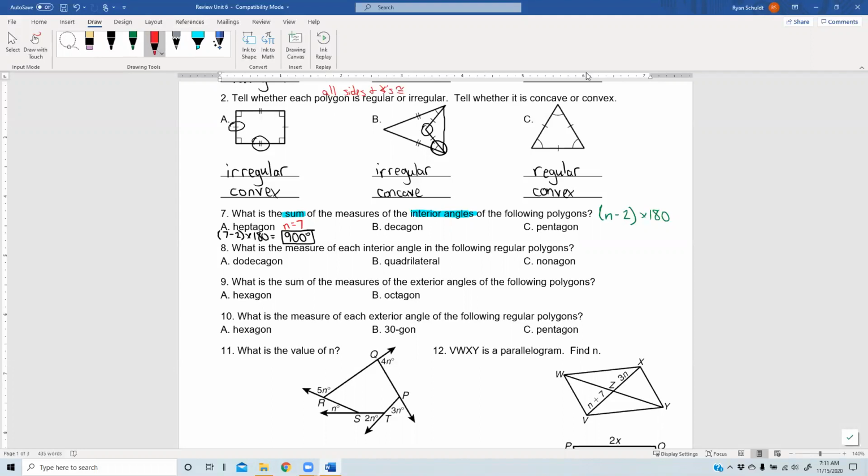What about a decagon? A decagon has 10 sides. So I take that and plug it in. 10 minus 2 times 180. I'll get 1,440 degrees.